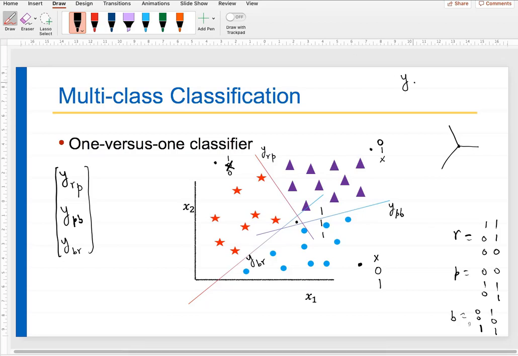My predicted class is equal to argmax of yc over c. What is c? C can be red, purple or blue.